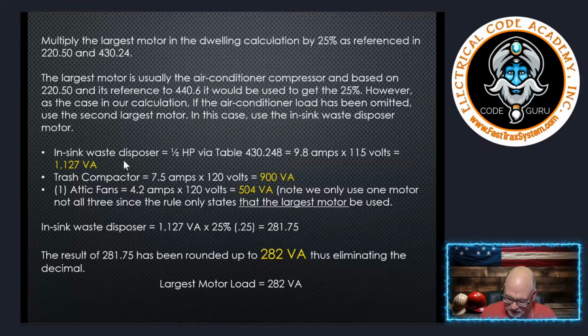So we need to add that as the largest motor. So I'm going to write this down here. And it's 282. And that is the largest motor. Now, also when it comes to the neutral, you still have to do the same thing. You have to do the largest motor. And so 282 also applies, because that motor is a 115 volt motor.